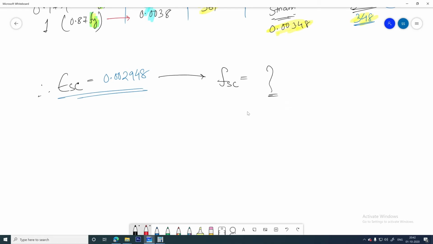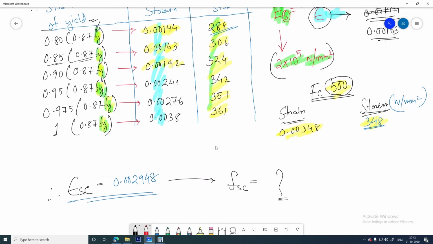So we need to make the interpolation from this table after taking the values. First we will check where this value is lying, in between which values. If you see all the values from the top, it is between these two values, 0.00276 and 0.0038.